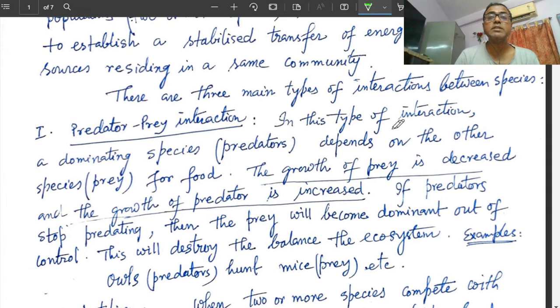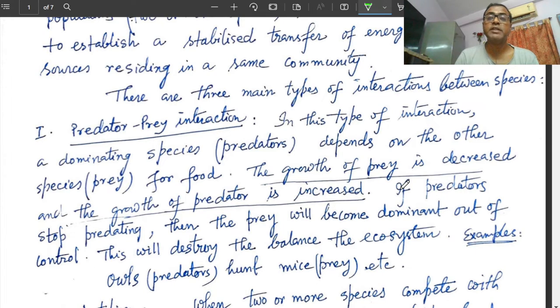So in this type of interaction, the dominating species, that is predators, depends on the other species. We call them prey. The growth of prey is decreased and the growth of predator is increased.